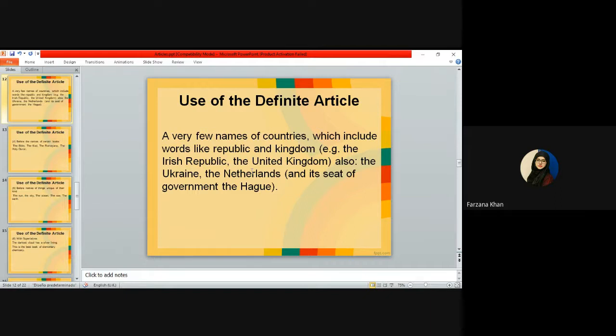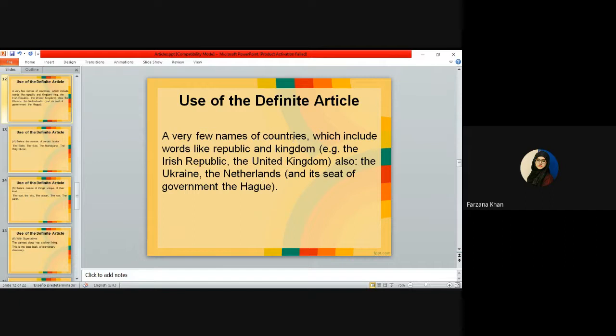Why do they require definite articles? Because they were basically the names of the seats of government prior to becoming the names of the countries. So there is a history behind these names. That's why, all over the world, there are two specific countries, the Ukraine and the Netherlands, which always require the definite article.